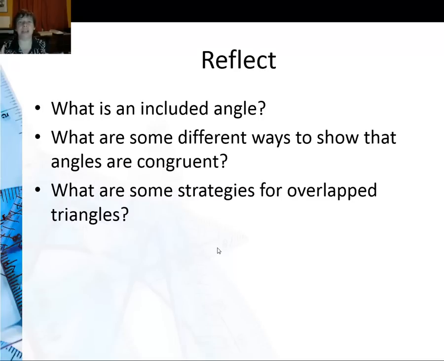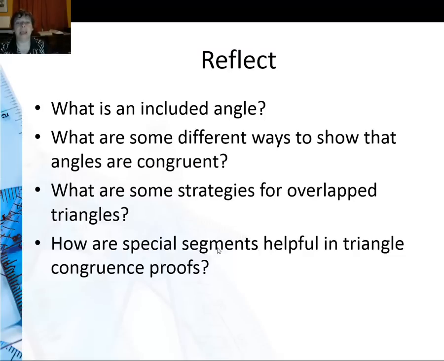Make sure any congruent marks that are in there, you transfer them to your new drawing. And then finally, how are special segments helpful in triangle congruence proofs? So for your individual practice, sometimes you might have a median that creates a midpoint. So that would help you find two congruent segments. If you had an angle bisector, that creates congruent angles. A perpendicular bisector creates congruent angles and congruent segments. So it might give you either one.